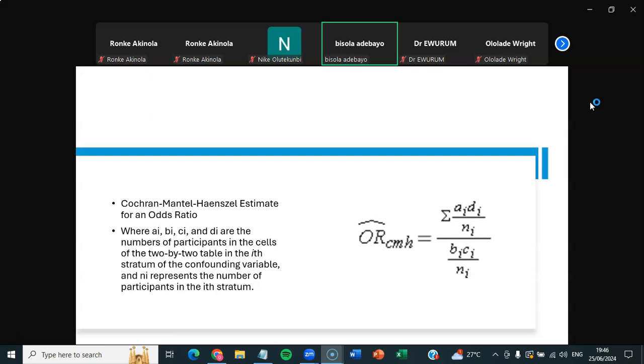This is the mathematical notation: the summation of A_i D_i over N_i, all over the summation of B_i C_i over N_i. A_i, B_i, C_i, and D_i are the numbers of participants in the cells of the 2x2 table in the i-th stratum of the confounding variable, and N_i represents the number of participants in that same stratum.